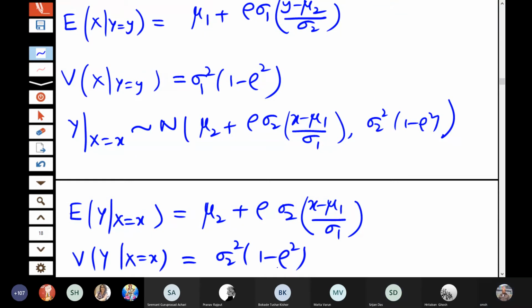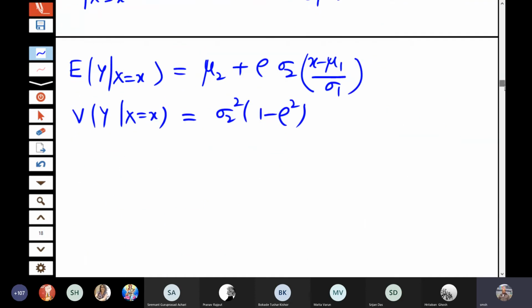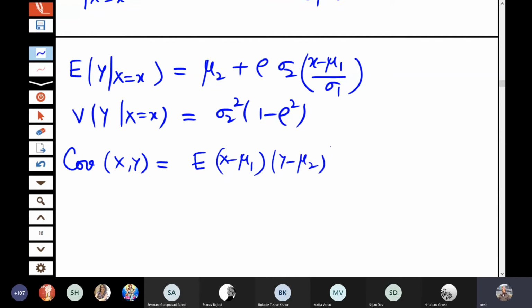Yes, sir. Now, since here mu1 and mu2 are the means of X and Y respectively, therefore the covariance between X and Y is nothing but the expectation of (X minus mu1) into (Y minus mu2), because that is the formula for the covariance term, that is expectation of (X minus expectation X) into (Y minus expectation of Y).